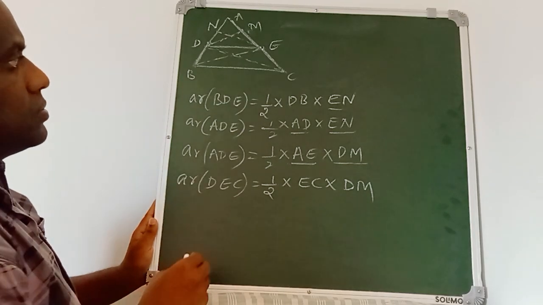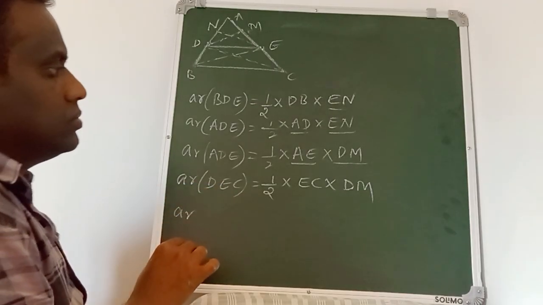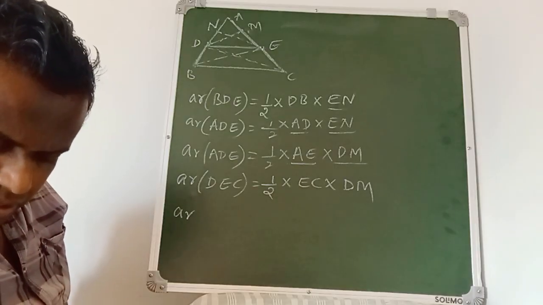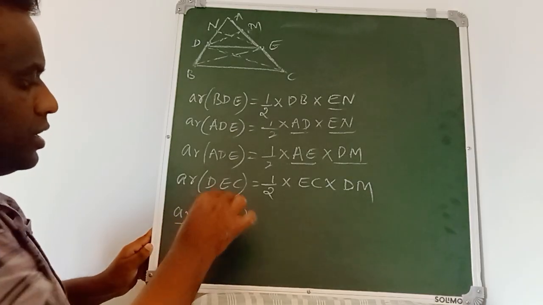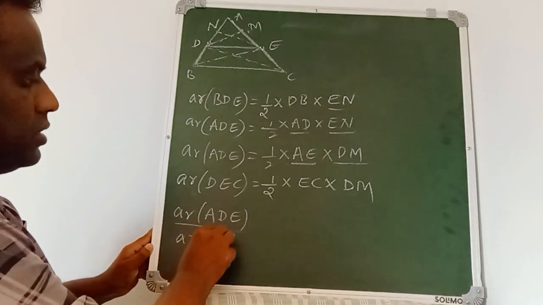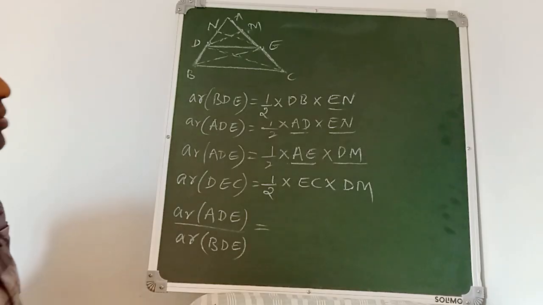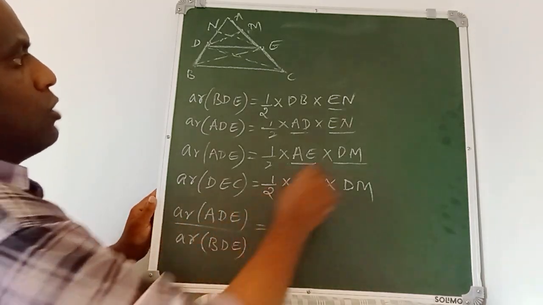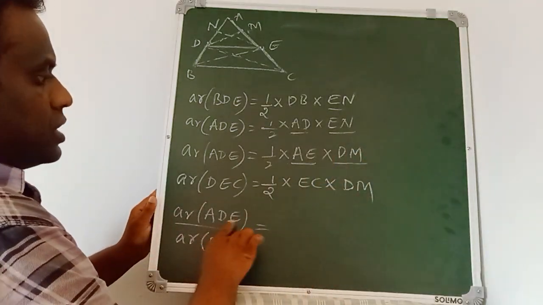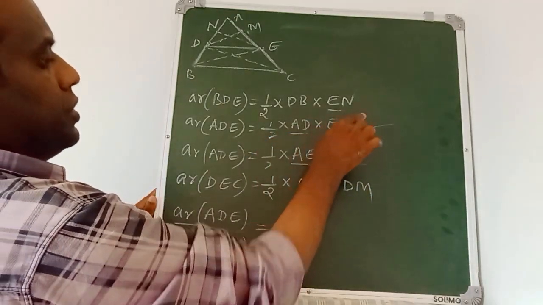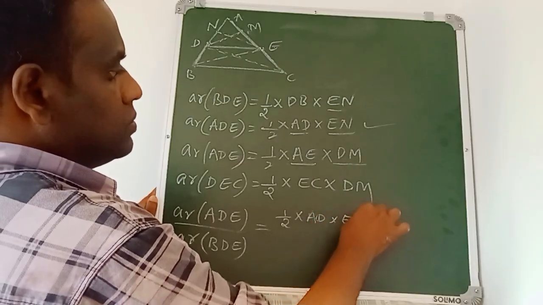Next, I will take the ratio area of ADE by area of BDE. For this ratio, we have two formulas. First I will take half into AD into EN.